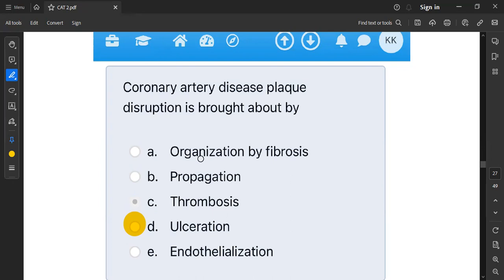Next question. Number 38. Let's move to 38.